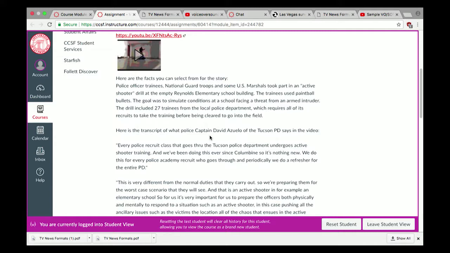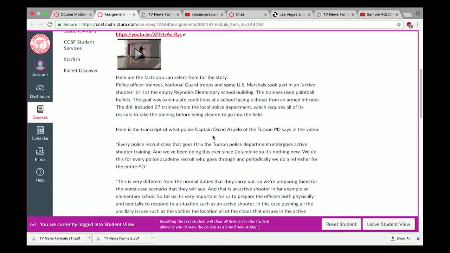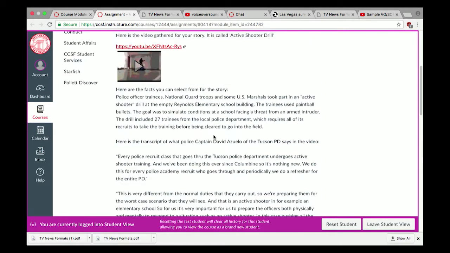On the audio side you will write a 45-second VO SOT, so you are going to write for the anchor who presents the story, and then you're going to write to tape as you cut to B-roll of the exercise of people shooting paint bullets and such. You're going to write that yourselves.